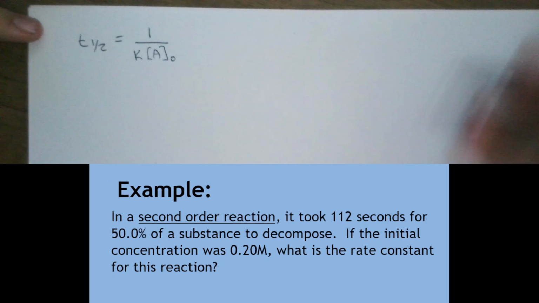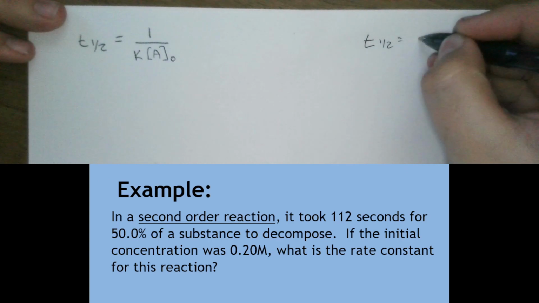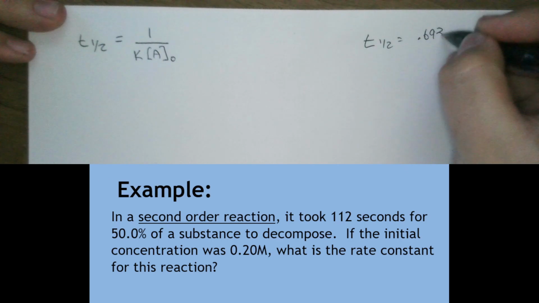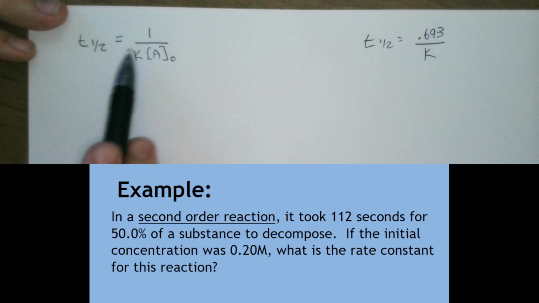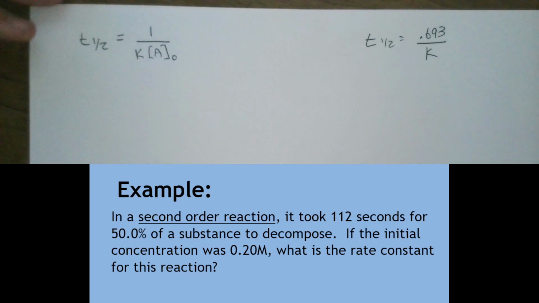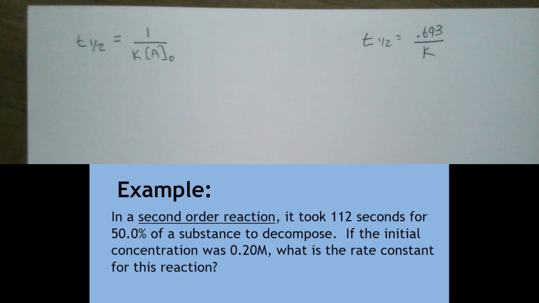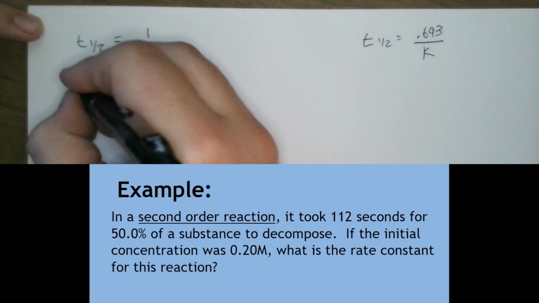If it said first order, I would use the first order half-life. Time of a half-life equals 0.693 over k. But this is second order, so I'm going to use this one. It took 112 seconds for 50% of a substance to decompose. That's the definition of a half-life. So that 112 seconds is the time it takes for one half-life to pass.